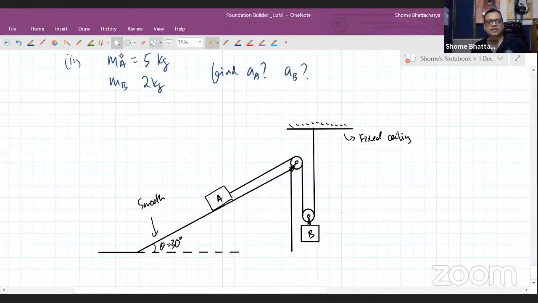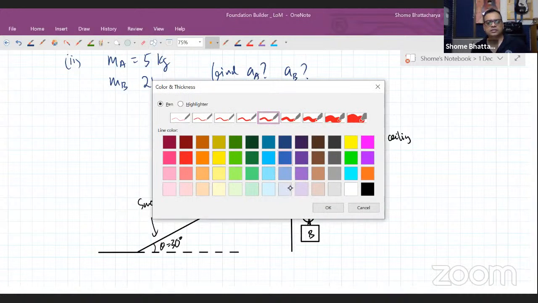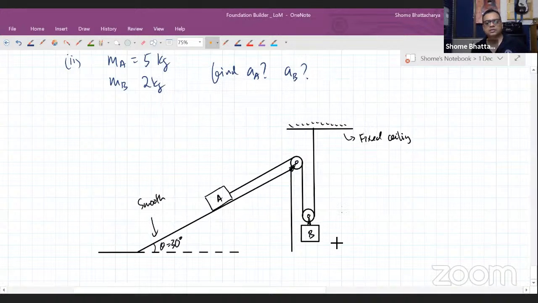Okay, so because B's mass is a lot less than what we calculated in the first part, one thing we'll immediately understand here is that this time the block B will be going upwards, and therefore the block A will be accelerating down the inclined plane. Okay.